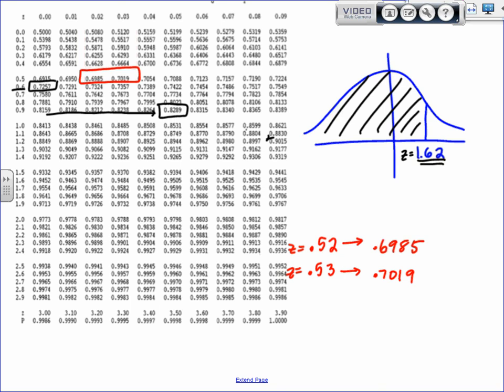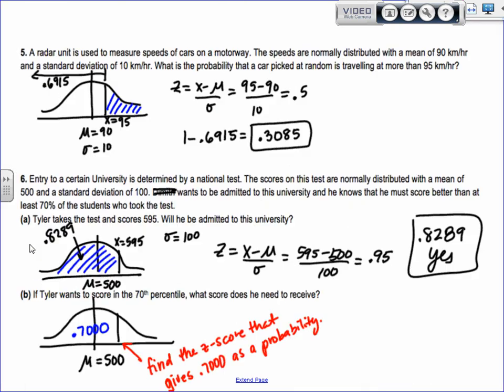It is not the one that's closer. This one is 0.0015 away. And this one is 0.0019 away. So it's actually 0.52. Okay, so I'm going to use 0.52 as my z-score.